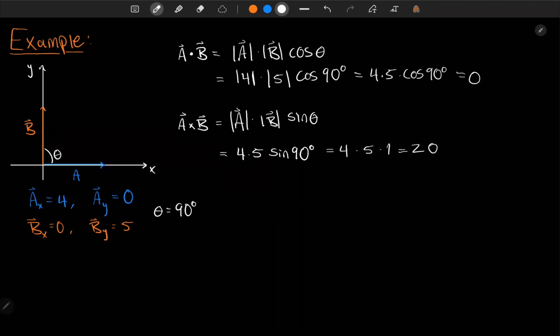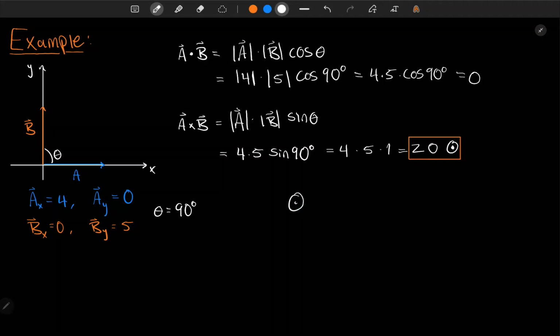So, the direction of A cross B is out of the page. And the way that we indicate that is by a circle with a dot in the middle of it. So this is the answer of A cross B. And if we wanted to indicate instead that it was pointing down into the page, which would be the case, say, if B pointed down instead of up, then we could use another symbol.